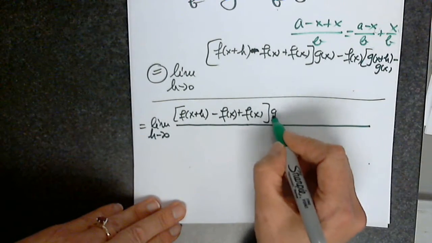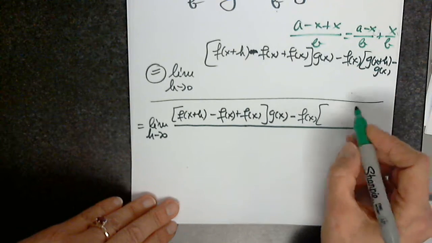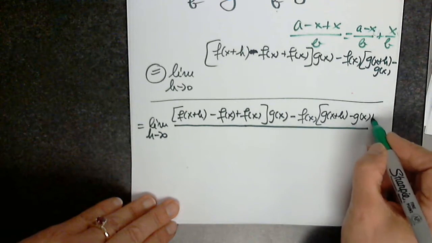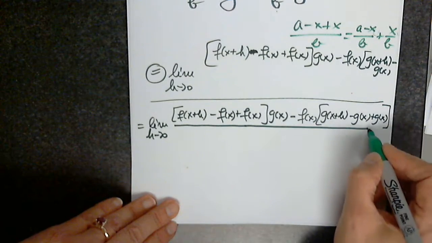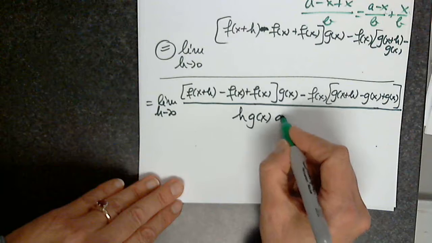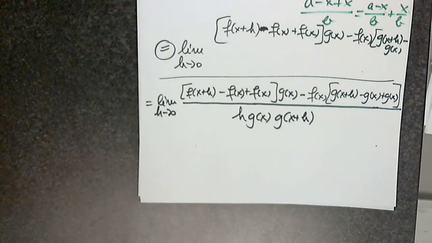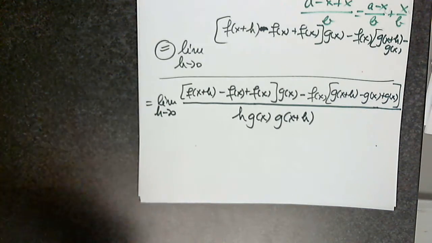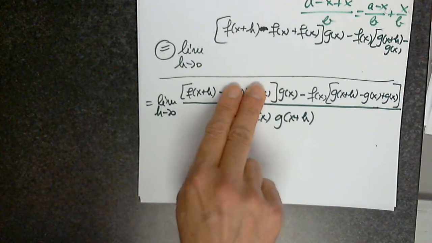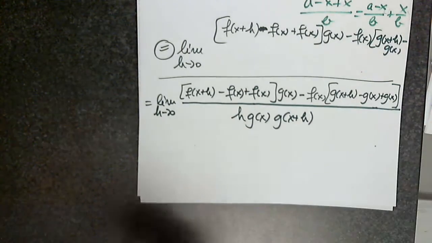And then multiply by g of x, and then minus f of x, and then g of x plus h minus g of x and plus g of x, divided by h, g of x plus h. So what did I do? Really nothing yet. So I have a negative f of x and a positive f of x, which is 0. I have a negative g of x and a positive g of x, which is 0.